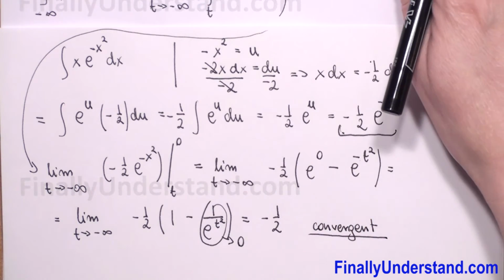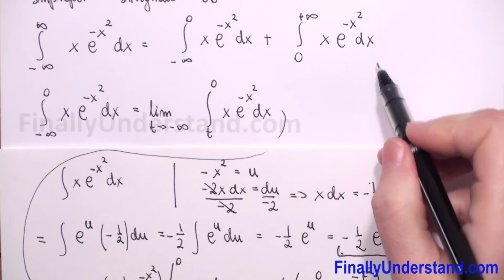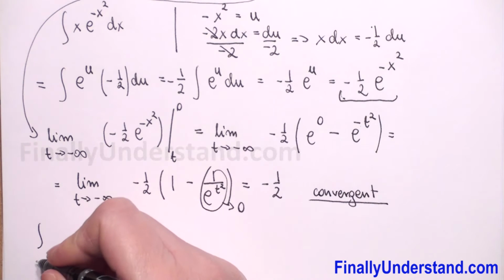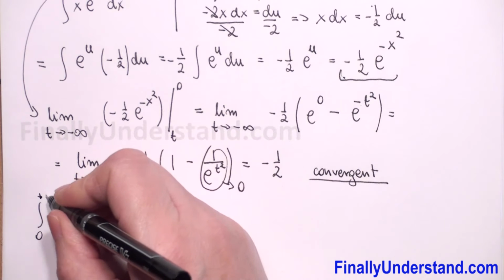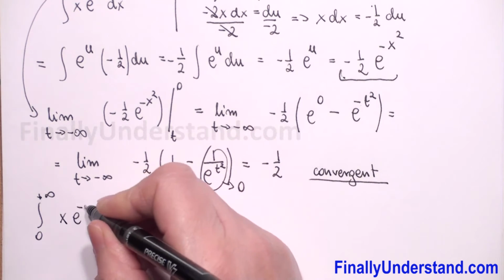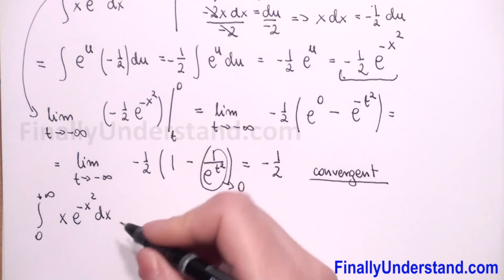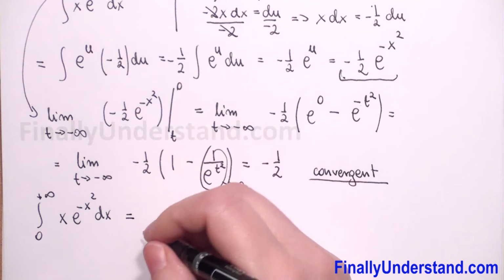Now we have to find our second integral. We have integral from 0 to positive infinity of x e to power negative x squared dx. Because we have an improper integral, we need to convert the integral to a limit.